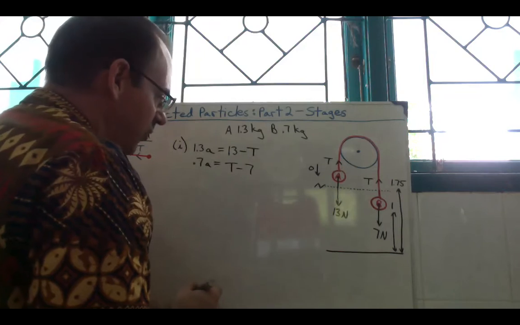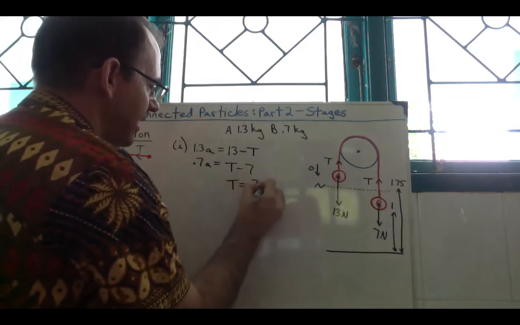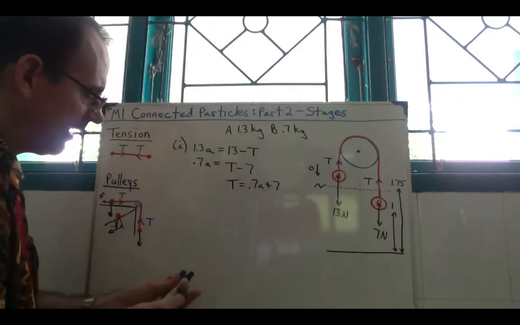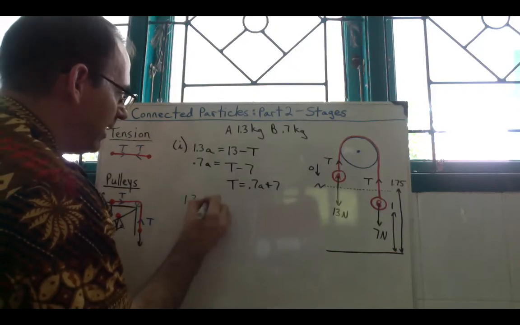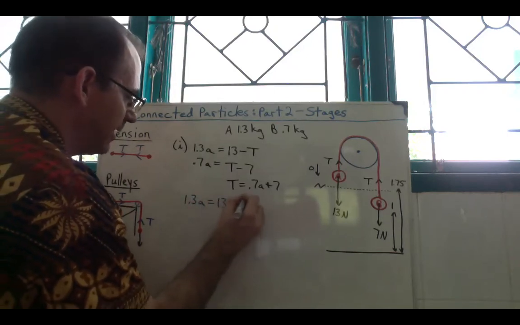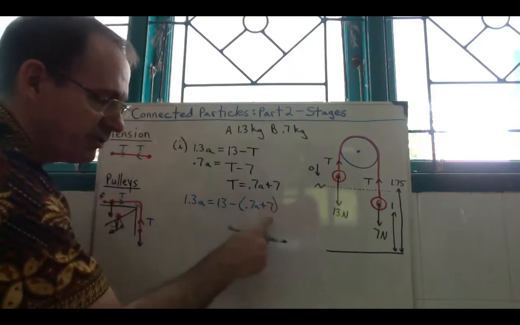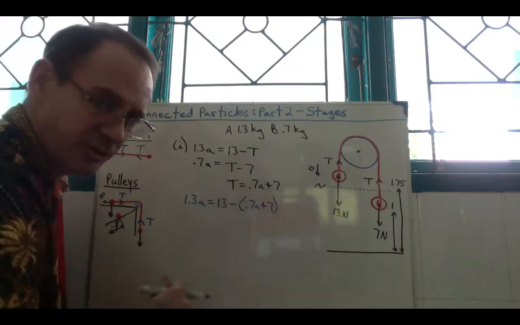If we solve for one of these, T equals 0.7a plus 7, we can plug that in up here. And when we plug that in up here, we get 1.3a equals 13 minus (0.7a plus 7). Make sure you put it in parentheses because that subtract needs to distribute.